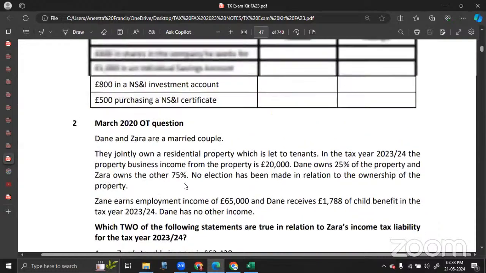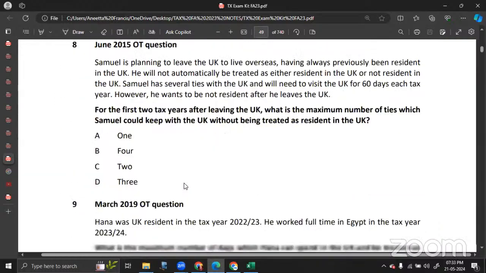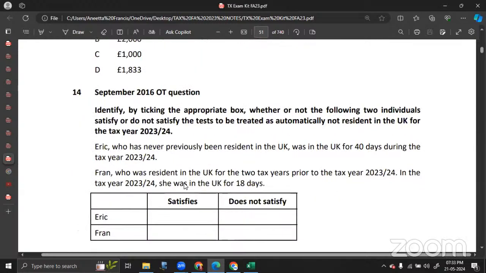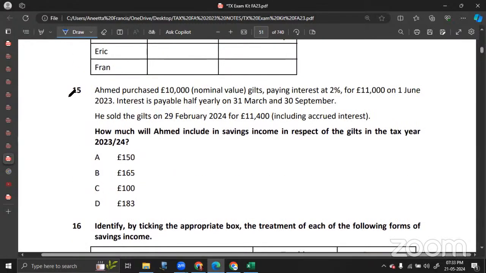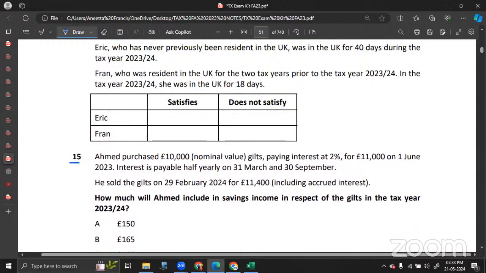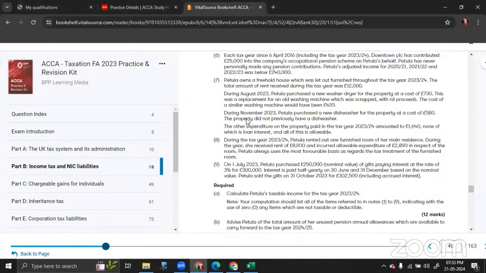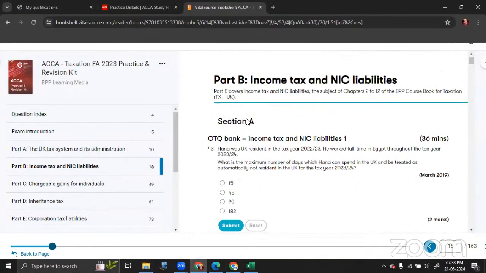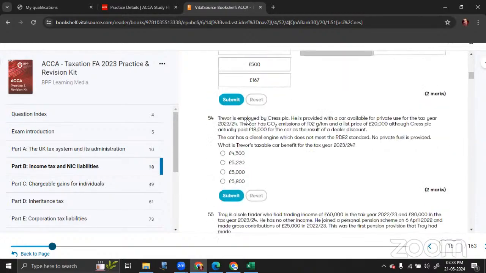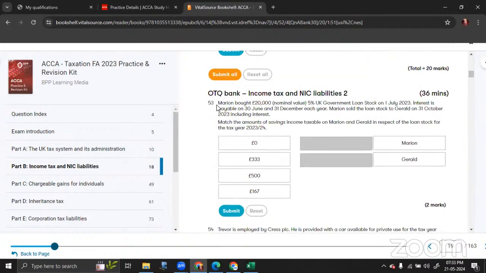For students who are just doing self-study, make sure you do question number 13 and 15 from Kaplan, and from your BPP you ought to do question number 53 Marriott. So these 3 questions test the knowledge of computing accrued interest income. So this is to prevent bond washing.